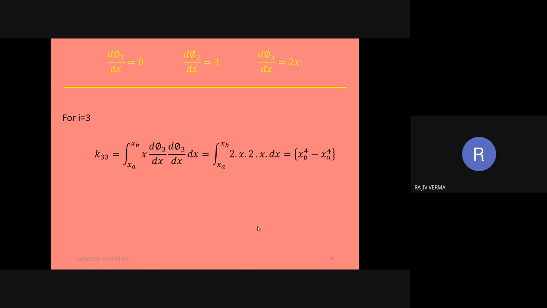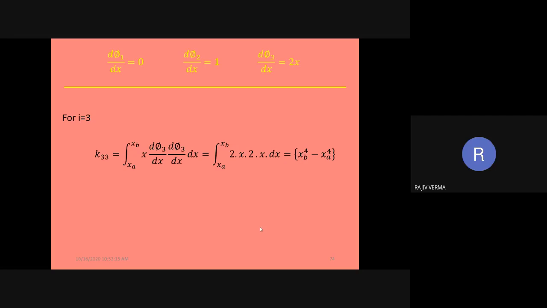By evaluating only these 6 expressions, we have evaluated all 9 stiffness terms of the stiffness matrix.